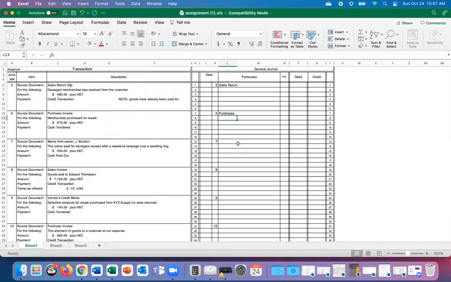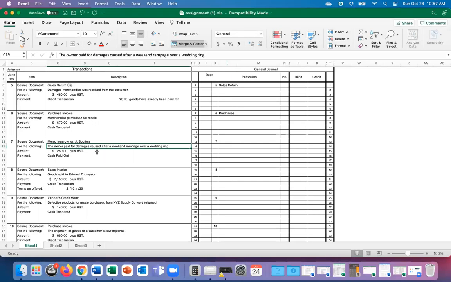The third transaction, okay, this is the one that I said wasn't all that clear and that I would actually do the whole thing with you. So this is a memo from our business owner, Jay Bolton. The owner paid for damages caused after a weekend rampage over a wedding ring.